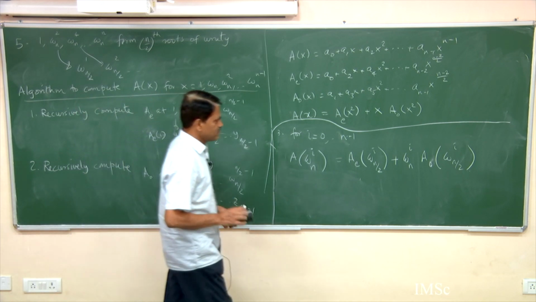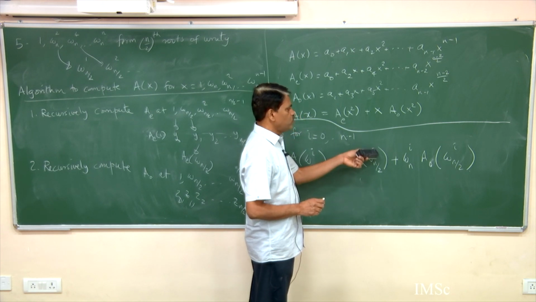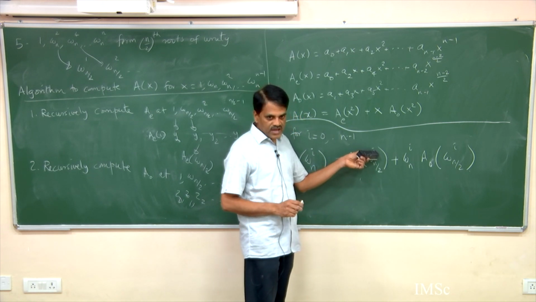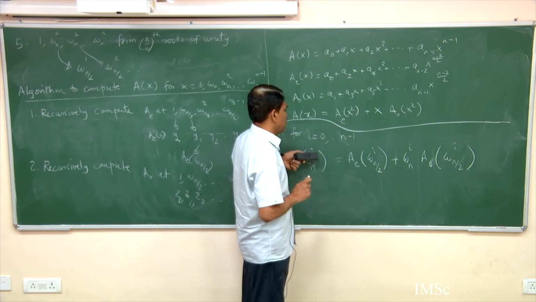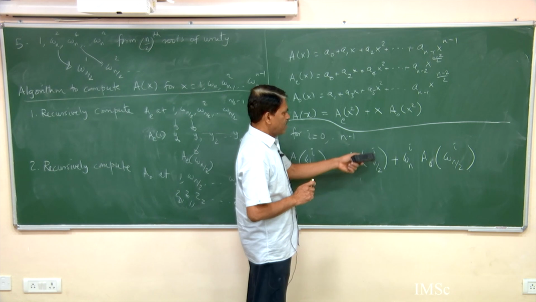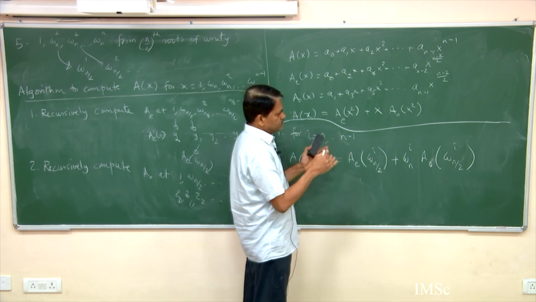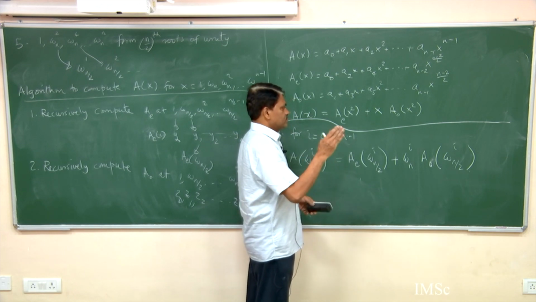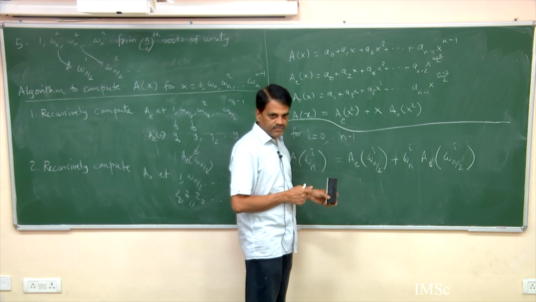Okay, why do I want to separate it? There is a reason. Because these guys are computed only for n by 2 different i's, not n different i's. So when I want i to be some n by 2 plus something, I don't have that value here, but I know that it is the same as taking i mod n by 2, and whatever value you get, that's the same i.